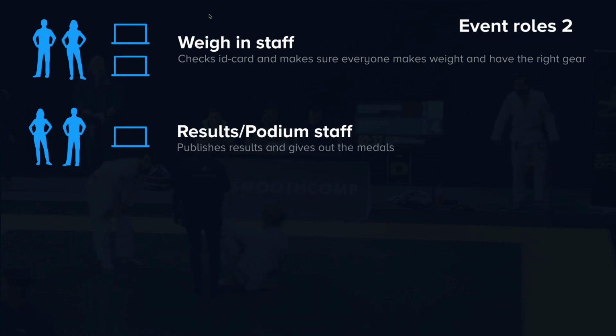So the podium staff could use a smartphone and just refresh their screen and see that, okay, we got 2 podiums coming up, I will hand out the medals. And as they press publish on that bracket, the results will go live on the internet, and any top lists will be updated in the system. So that's the third and final person having hands on the system during the tournament.